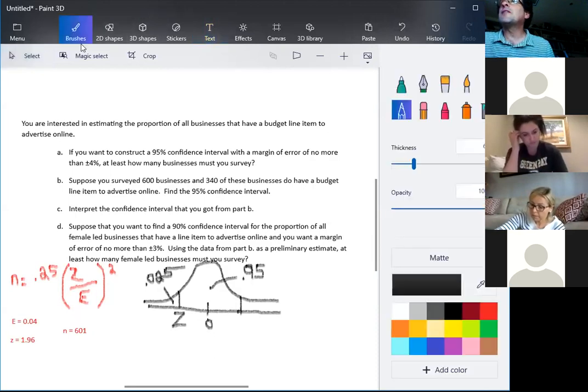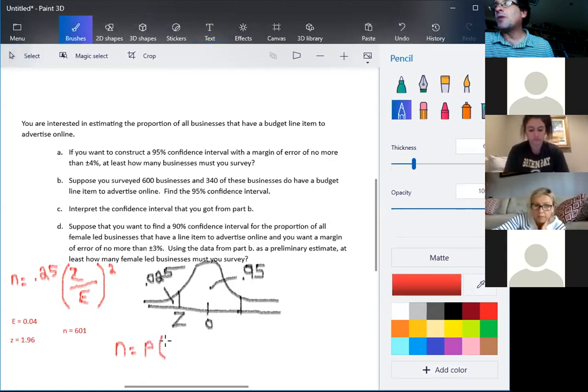So let me go and write down the formula. And that is n is equal to p times 1 minus p. Sometimes you'll call 1 minus p "q," by the way. We've seen that before.